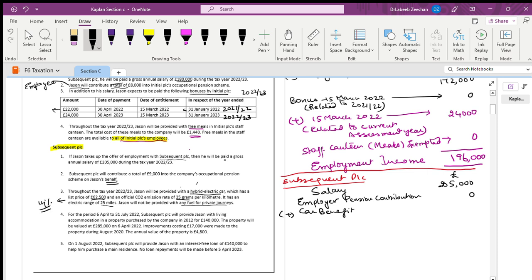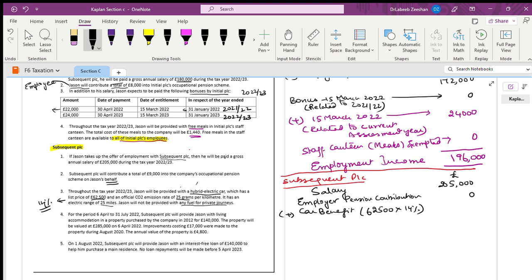Immediately you cross check the rules whenever I am giving you a reference. Every rule is not there, some rules are not there, but I will tell you, don't get confused on that. They are not providing fuel. 62,500 into 14%.